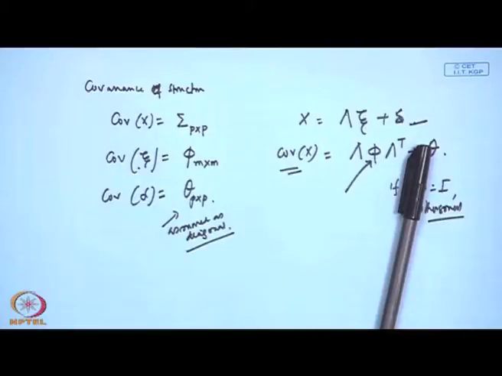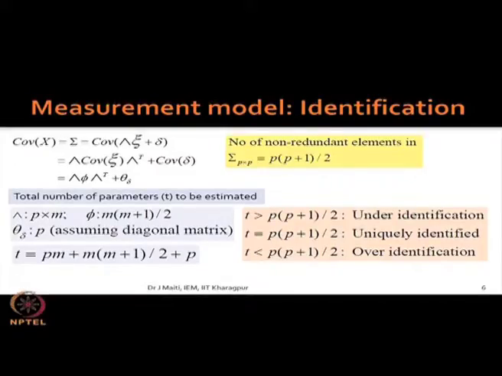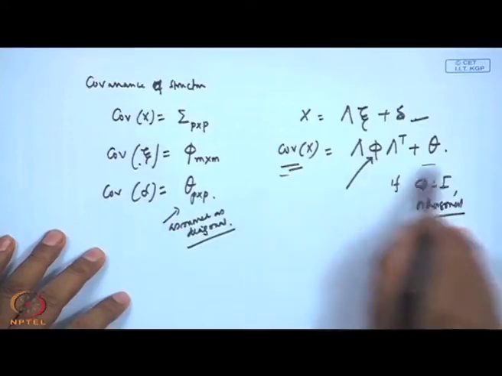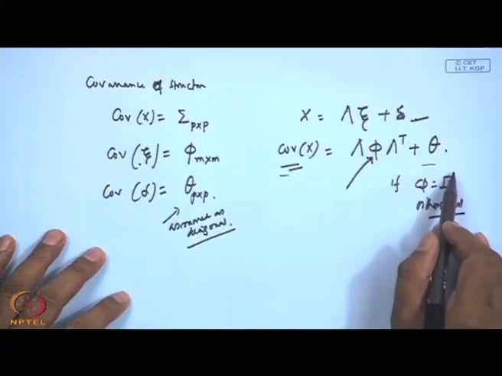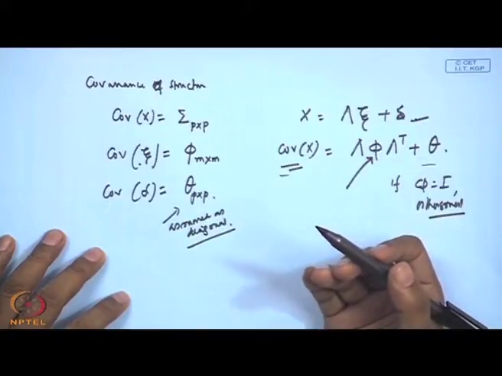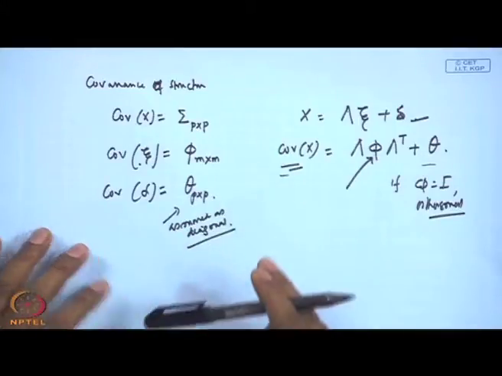Now let us come to the model identification part. What I mean by model identification is this: if you look into the model, the parameters to be estimated, and the information available, there must be necessary and sufficient information available to estimate the parameters of the confirmatory factor model.